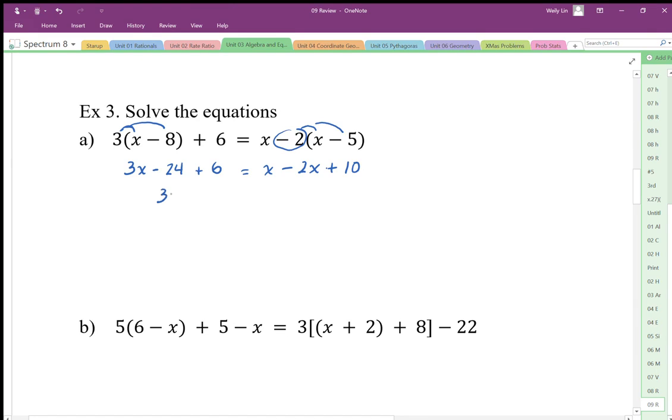So 3x minus 18 is equal to negative x plus 10. So I'm going to get rid of that minus x with a plus x. I'm going to get rid of that minus 18 with a plus 18.